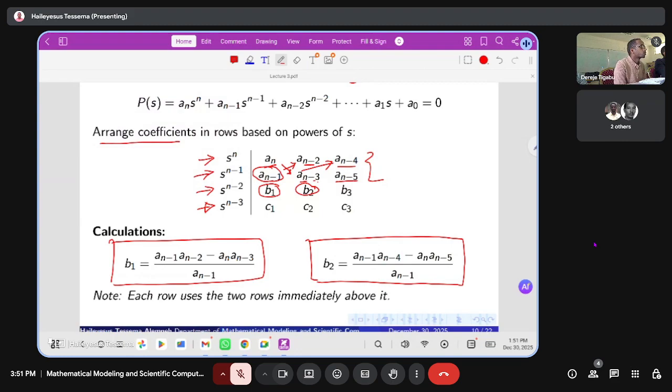And to determine C1, we use B1 as a pivot.